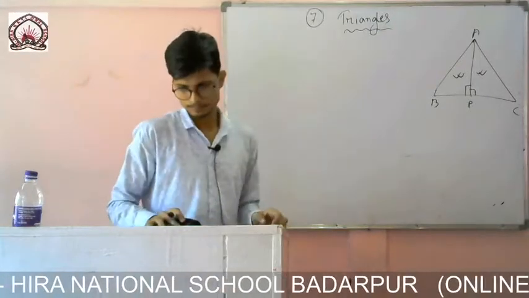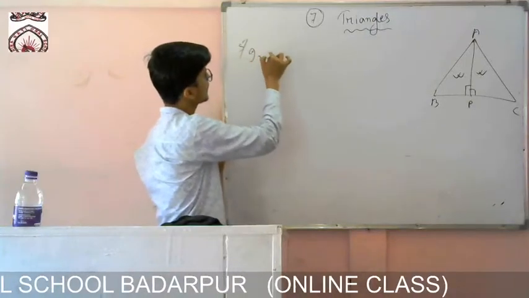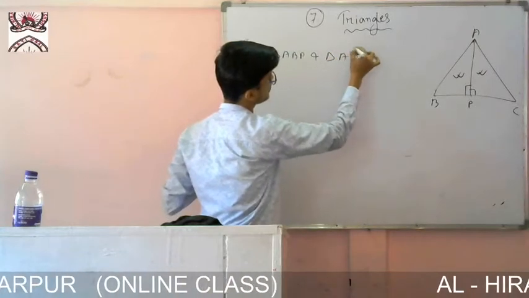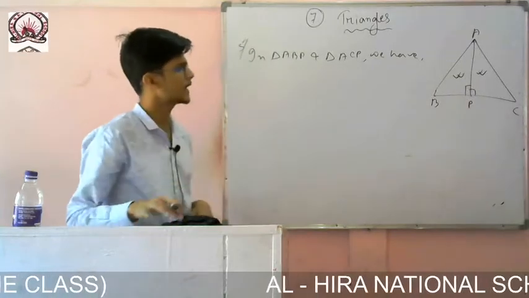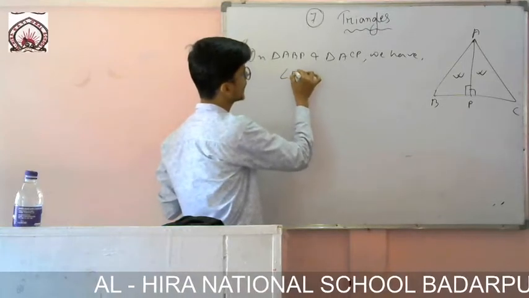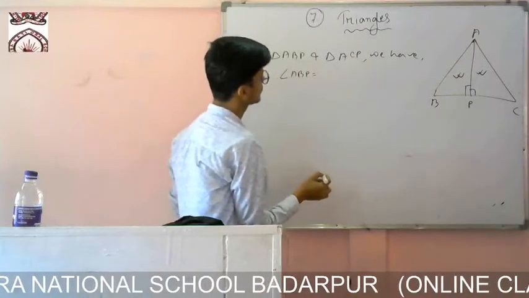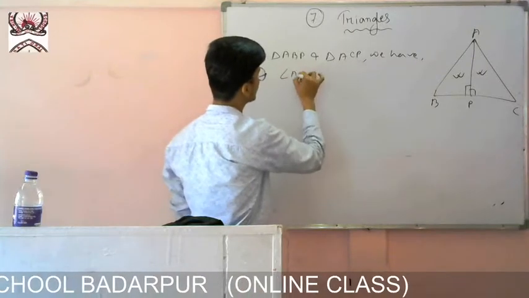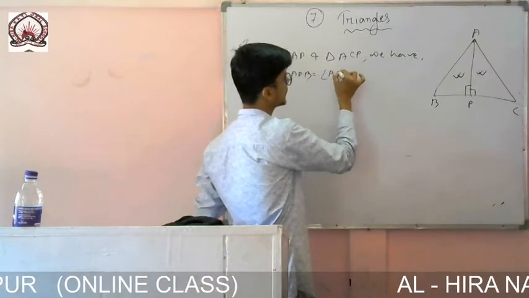So let me write question number 5. In triangle ABP and triangle ACP, we have angle APB equal to angle APC.